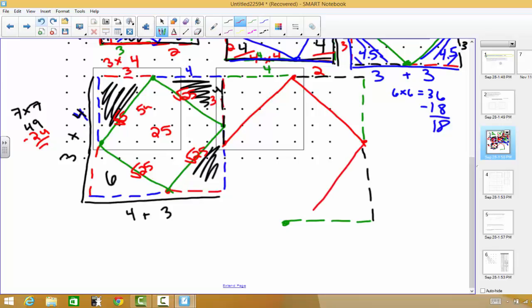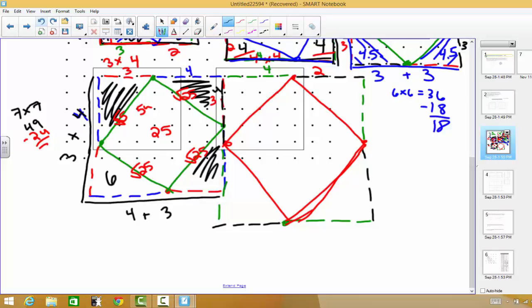It's black, then green, then black, then green. Just pretend that connects better. 1, 2, 3, 4. Perfect. If I could just connect better, it'd be beautiful. Okay, we're going with that. Hopefully that looks squarish. But the numbers don't lie.